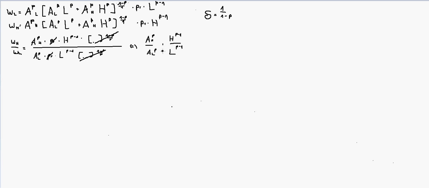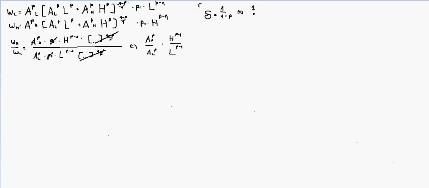So what we have to do now is to convert this exponent again from the form with the p into the form with the sigma. So that's what I'm gonna do now. What we can do first is take the inverse.